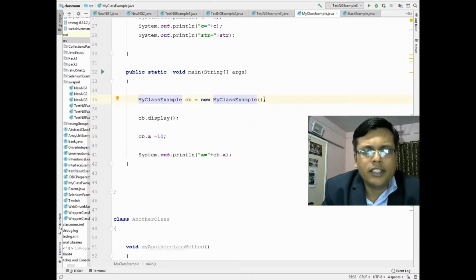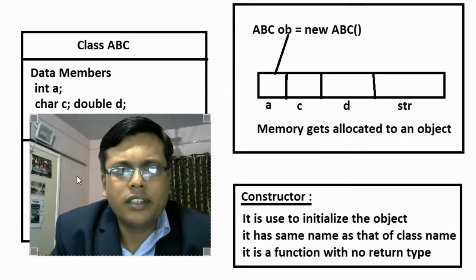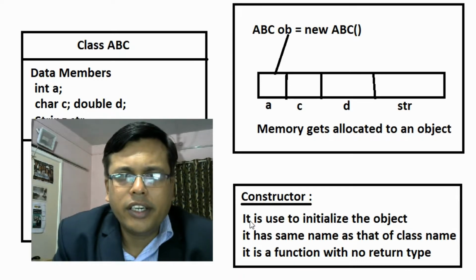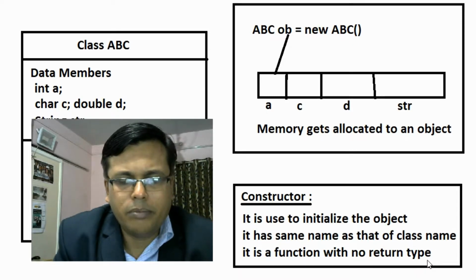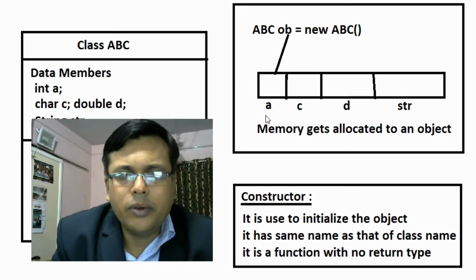Yes, it is a kind of function, and we call it a constructor. What is a constructor? It is used to initialize the object. It has the same name as the class name, and it is a function with no return type. Initialization means putting some value. So I'm not only creating an object, but my object also gets initialized, meaning all these data members get some initial value.